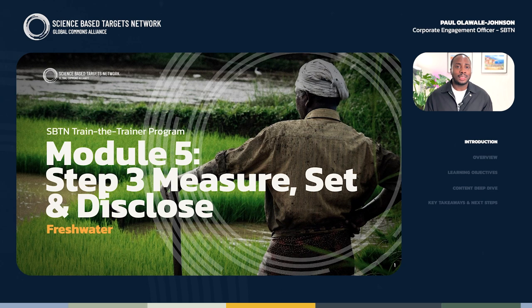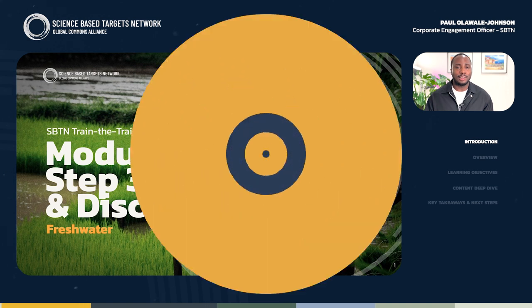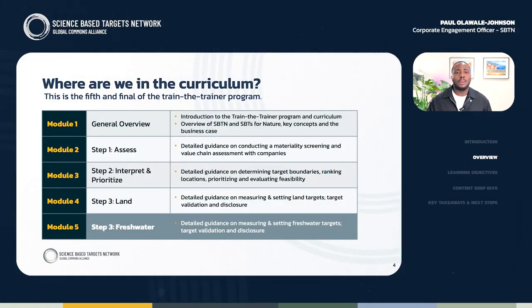Let's get started. Before we dive into the contents of today's module, let's do a quick recap of where we are in the Train the Trainer program. This will help set the stage for today's session. A quick reminder about our Train the Trainer curriculum. It consists of 5 initial modules covering the first 3 steps of SBTN methods.